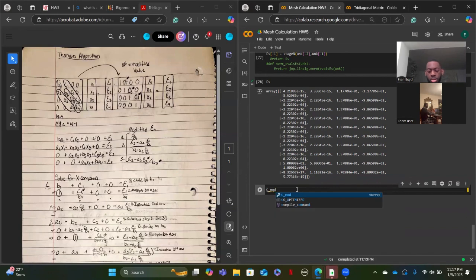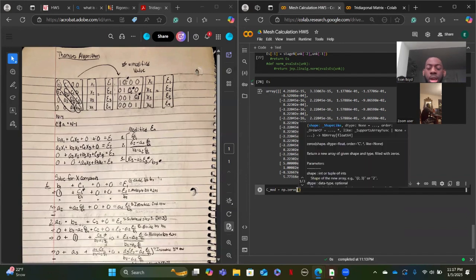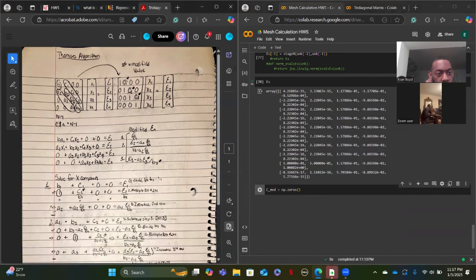C mod. Of course, this would be a matrix C as well, so it'd be np.zeros. We would not have a regular 10 by 5; we actually have a 10 by 5 by 5. This is because all of our variables here, our A's, B's, and C's in our matrix C, are actually 5 by 5. They're their own 5 by 5 matrices.